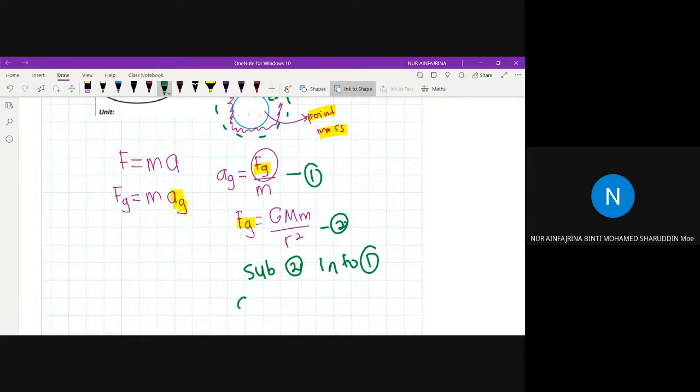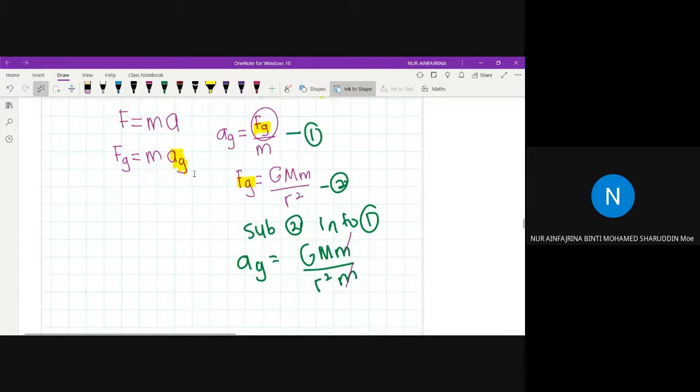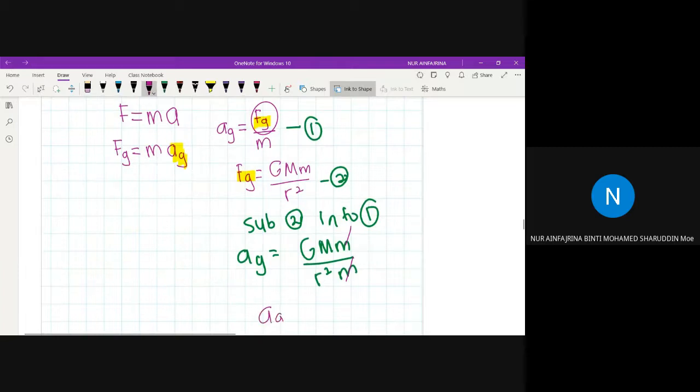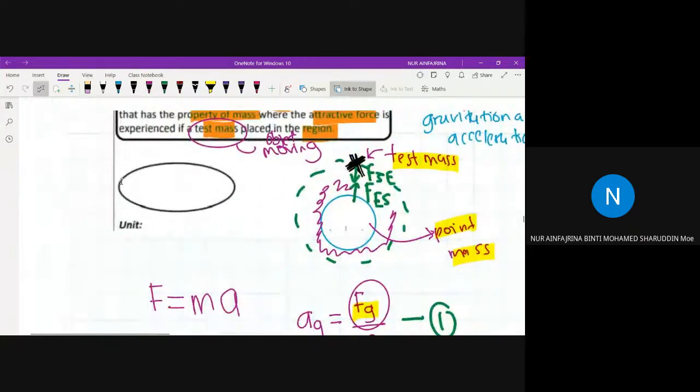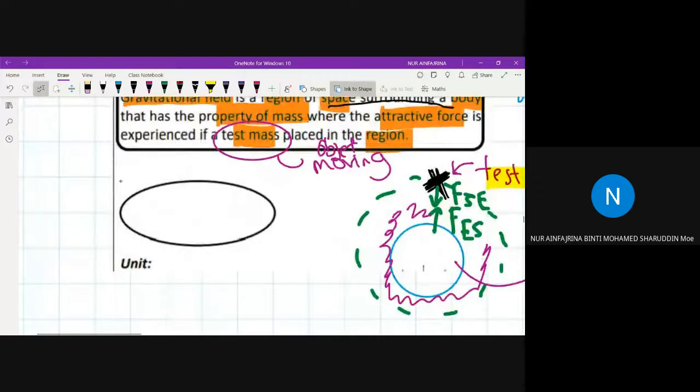So bila awak dah substitute, awak akan dapat G M m over r squared m, which we can cancel the m. So bila cancel the m, awak akan dapat your gravitational acceleration equals to GM over r squared. Okay, boleh? Kejap Miss bagi masa salin ya. So literally our formula is gravitational acceleration equals to GM over r squared.